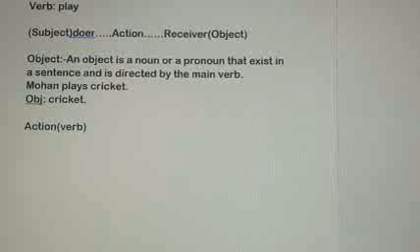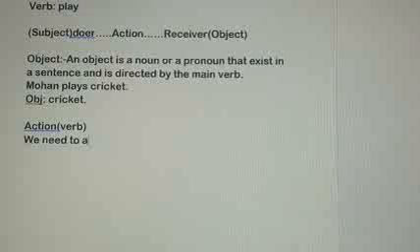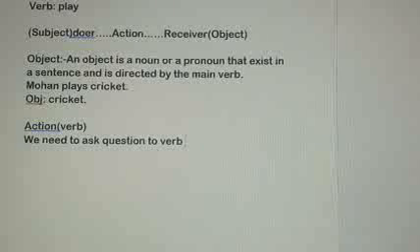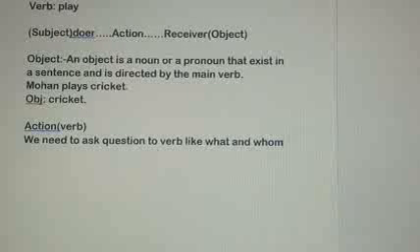We will ask a question to the verb, like what and whom.